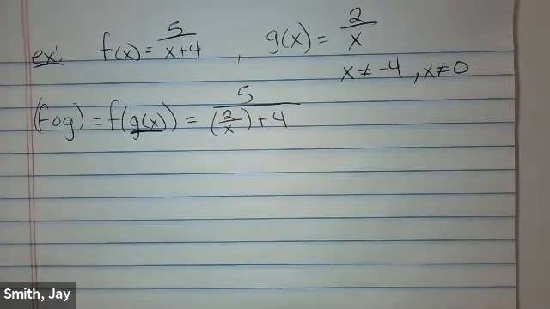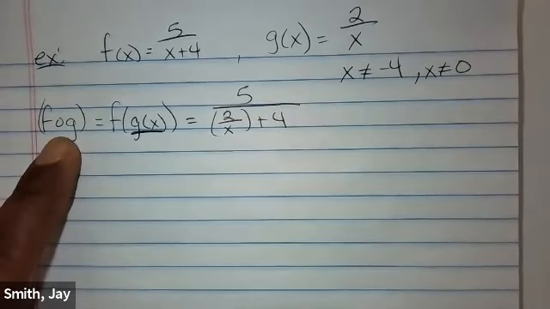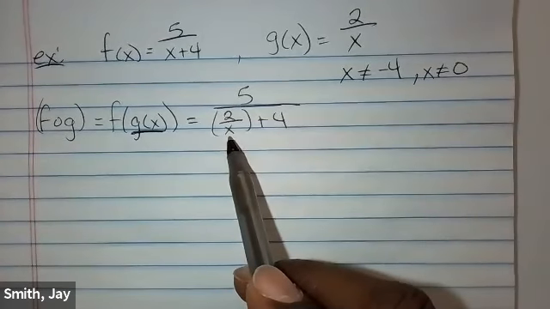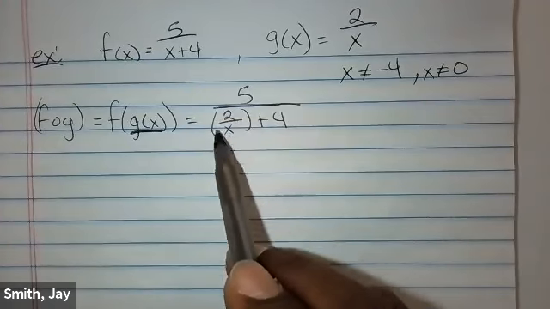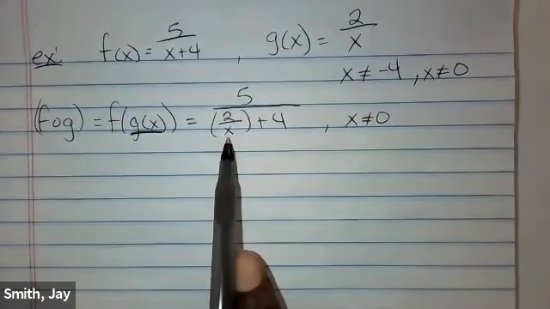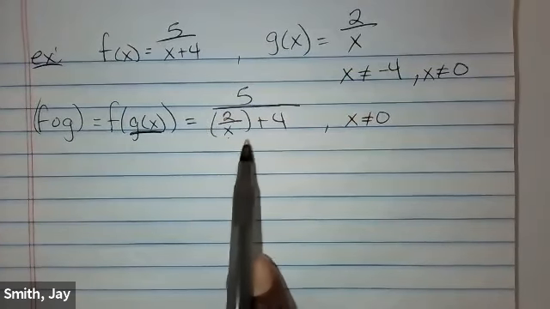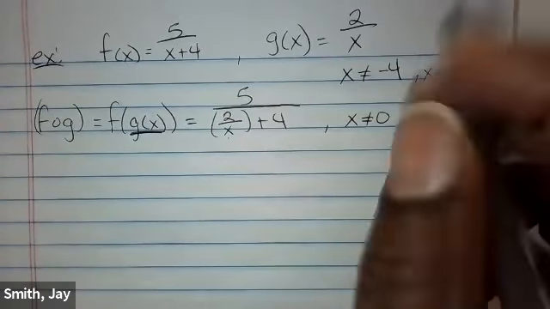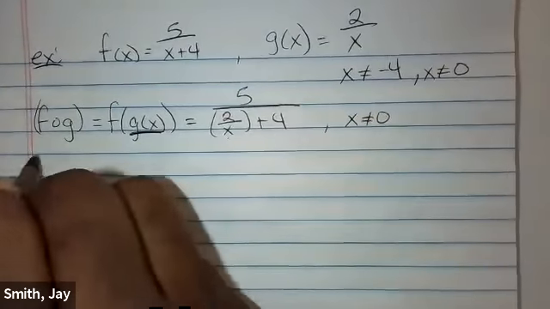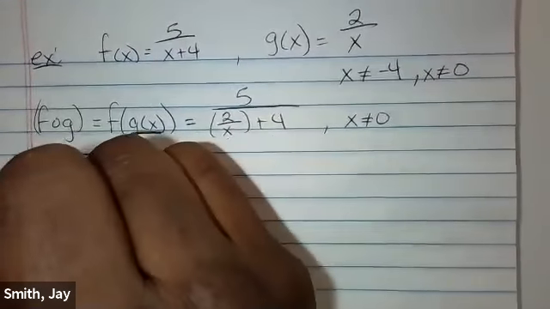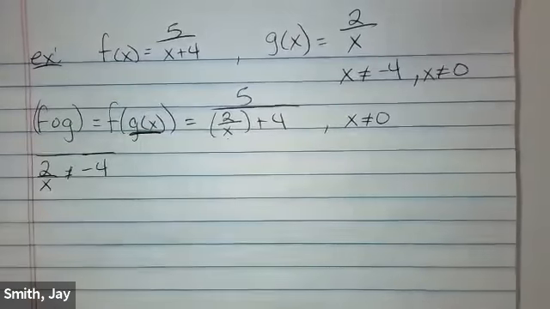When we simplify it, it will help us to look at this and see what values we need to exclude in the domain for f composed with g. We know that we have to exclude 0 because if x is 0, we end up with an undefined for the first part. But we know x cannot equal 0. And any value that makes 2 over x equal to -4 will give me 0 in my complex fraction for my denominator. So what we need to do is take 2 over x to the side here, and set that equal to -4 with the understanding that this is the value that we need to exclude.